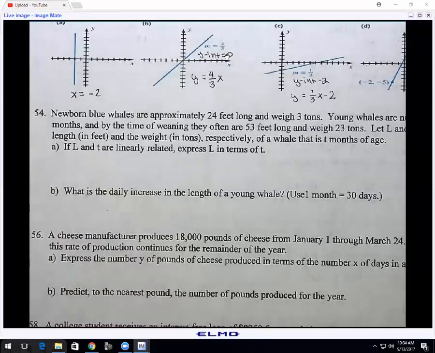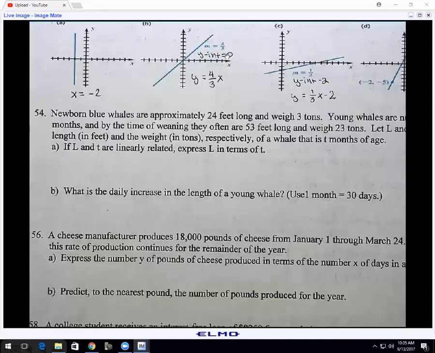When it says express L in terms of T, that means I want an equation that starts L equals blah, blah, blah, and has T on the other side. That's my independent variable, my first variable in the ordered pair. If it's L in terms of T, then T is my independent variable, my first number in the ordered pair. You give me a time, I'll give you the length of the whale at that time.